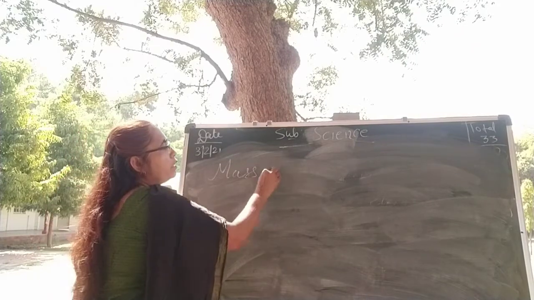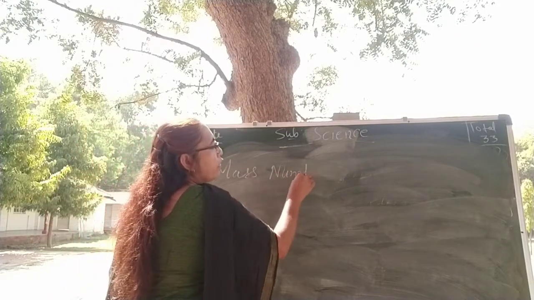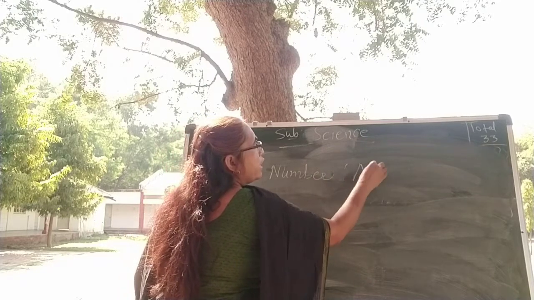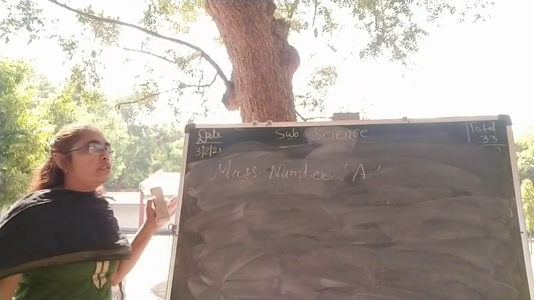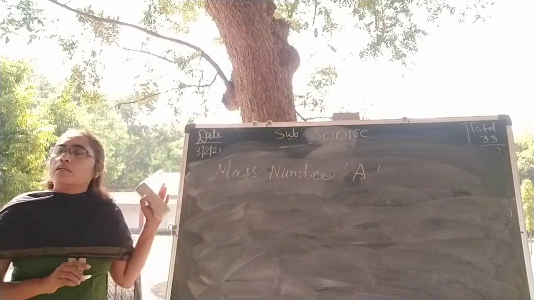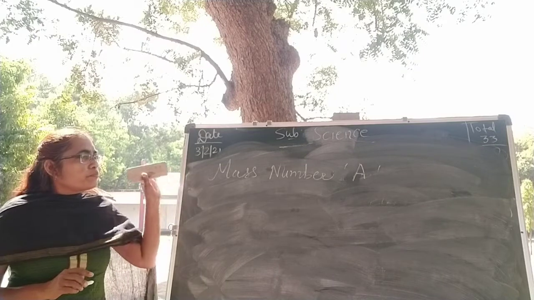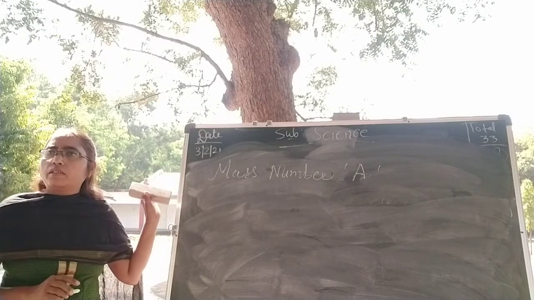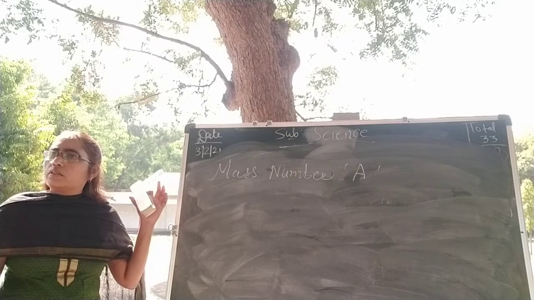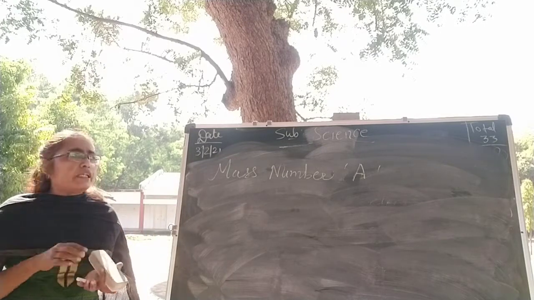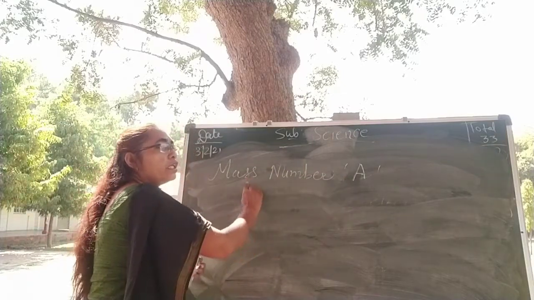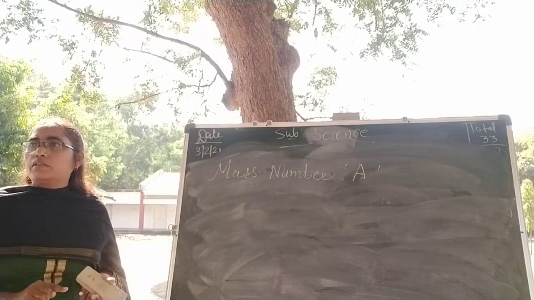Now, the mass number is represented by the letter A. Clear? Mass number is represented by A. But most of the time students make a mistake: for atomic number, many times students write A, but A is for the mass number.